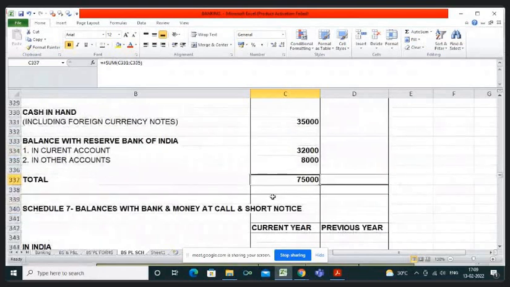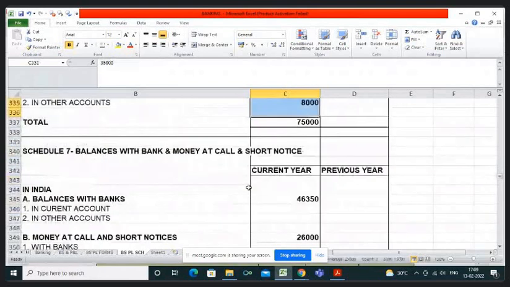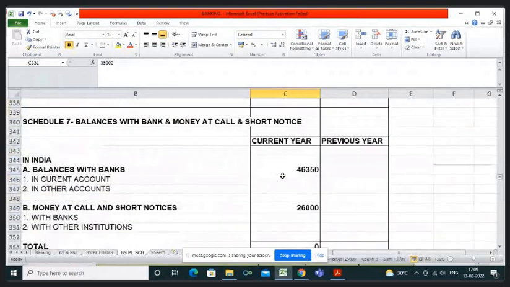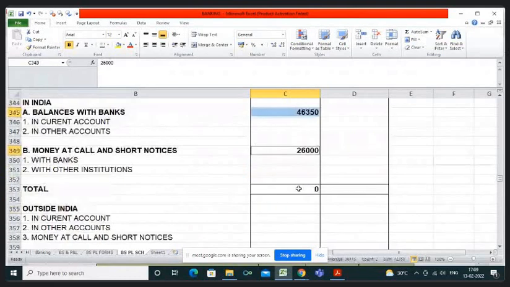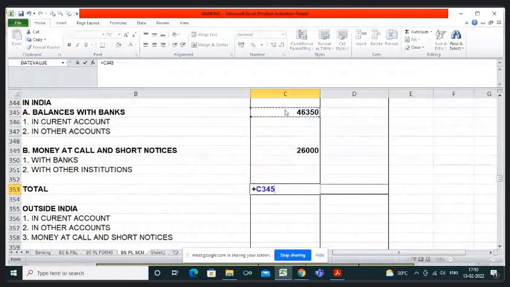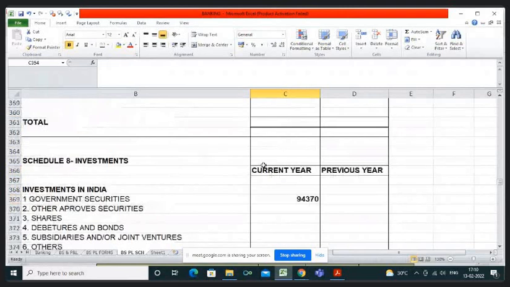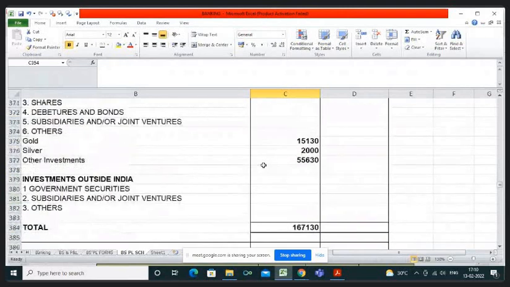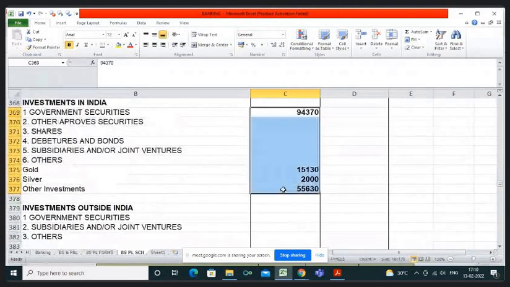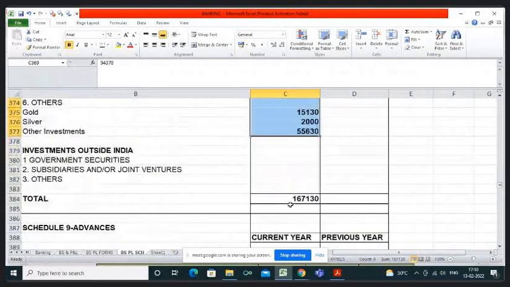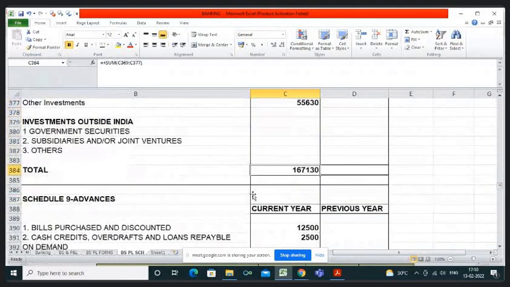Then cash and balance with Reserve Bank of India, 75,000. Total of 3 items. Then balance with banks and money at call and short notice. There are 2 items and the total is 72,350. So total I have to do 46,350 plus 26,000, 72,350. Then I have investments. There are 4 types of investments. Total is 167,130. This is correct.